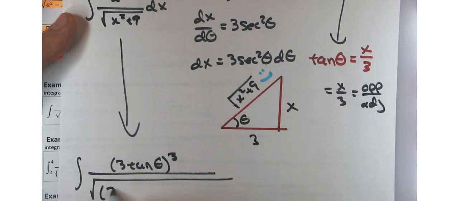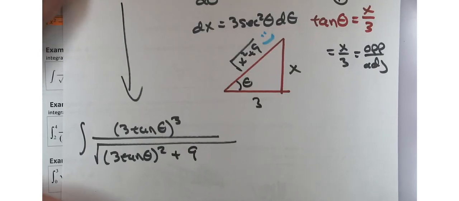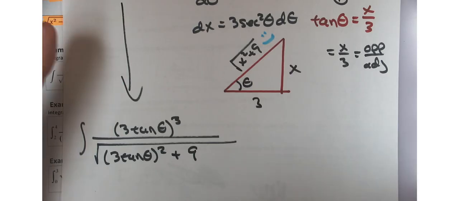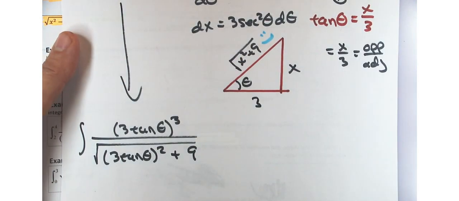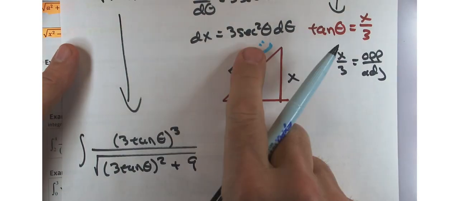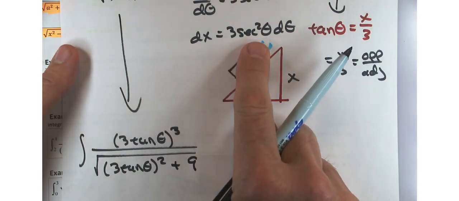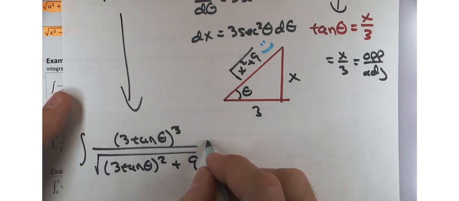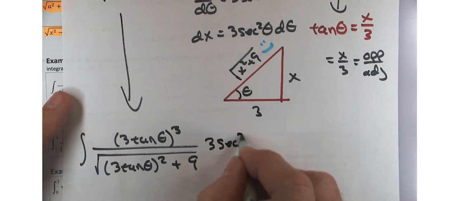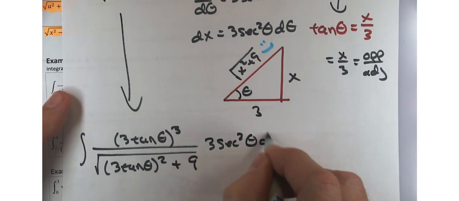So square root of 3 tangent of theta squared plus 9, times dx. Well, what's dx? dx is 3 secant squared of theta d theta.